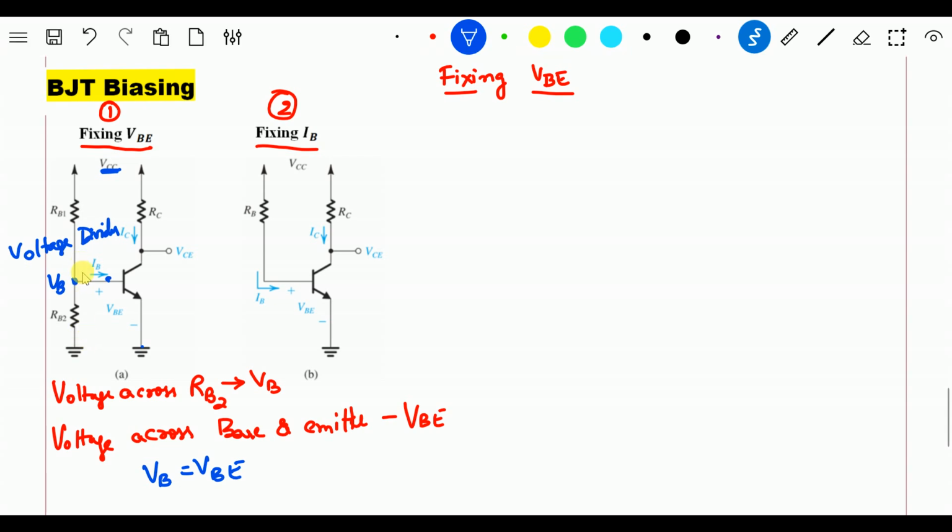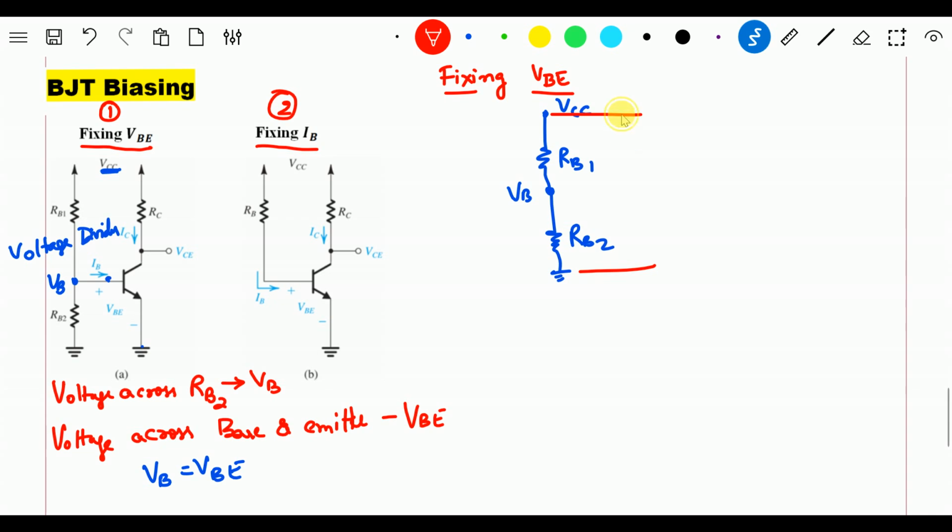So if I take this as VCC, RB1 is connected here, this is my base voltage VB, and this is my RB2 which is connected here. VCC is from this terminal to ground.